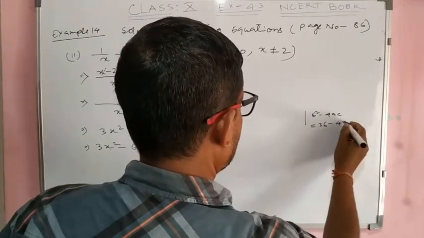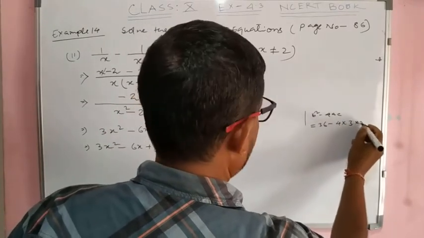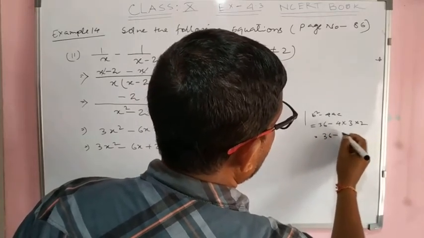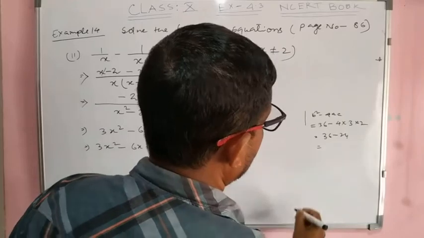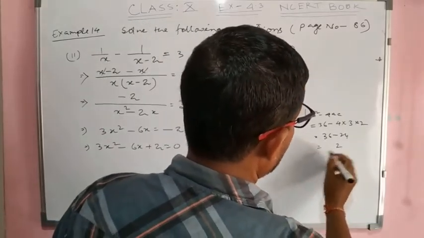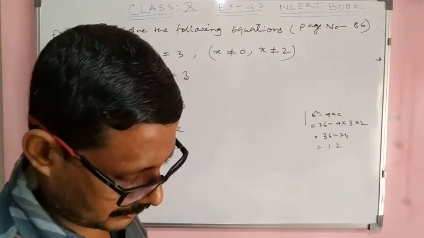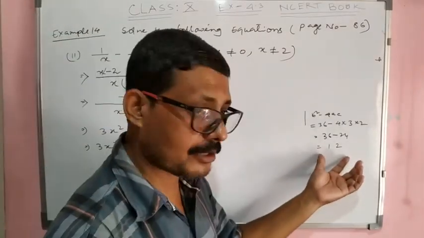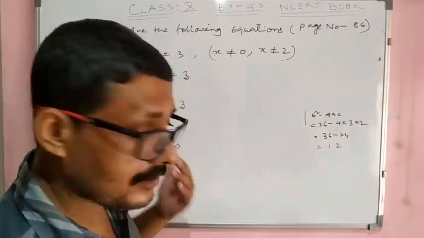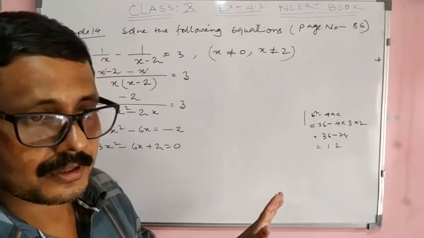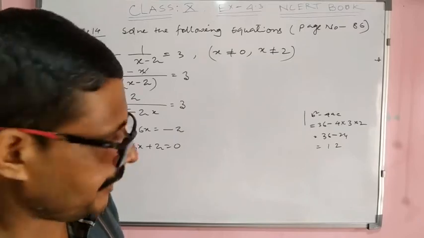I think you are mature enough, you can do it mentally. So it will be 36 minus 24, which is 12. Again you see the discriminant is not a perfect square. So you cannot apply the factorization method. We will go for the quadratic formula or the completing square method.